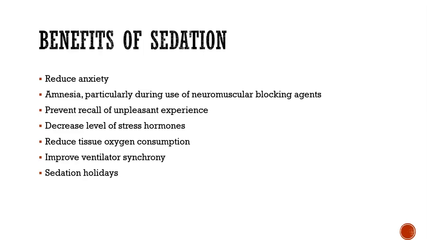Remember, sedate before you paralyze. This helps to also prevent recall of unpleasant experiences, decreases the level of stress hormones, reduces tissue oxygen consumption, so they're not having to work as hard, so their body's not consuming as much oxygen in their tissues. Helps to improve compliance with that ventilator, and then we give them just some sedation holidays to let their bodies rest.